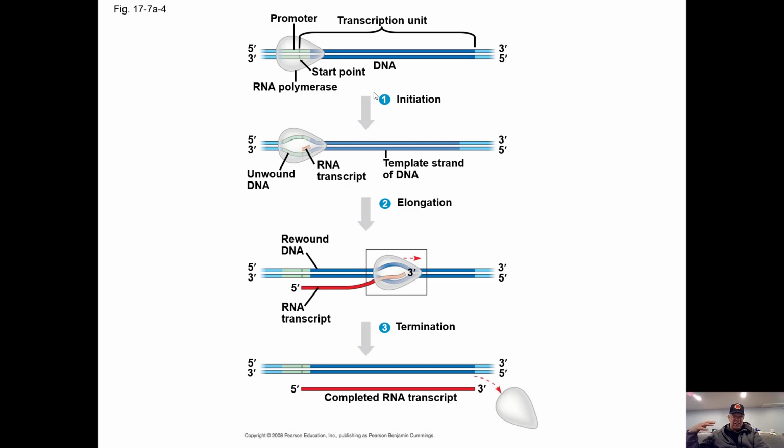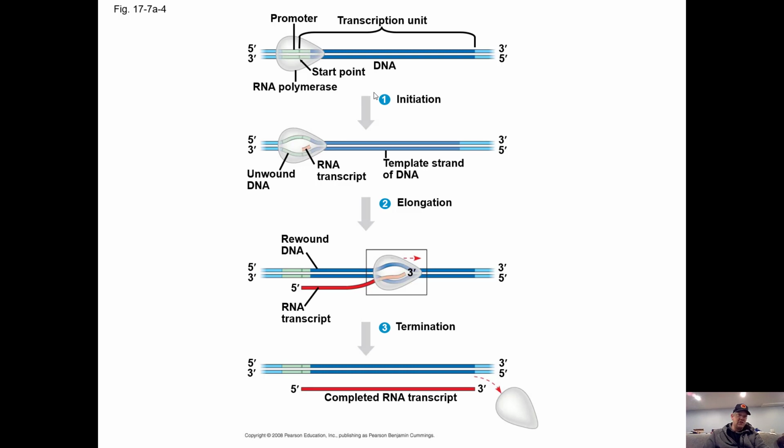Your text, I guess nowadays, calls this initiation, elongation, and termination. I remember when these phases didn't really exist, so I generally don't refer to them except in protein translation, where there's a clear initiation, elongation, and termination.